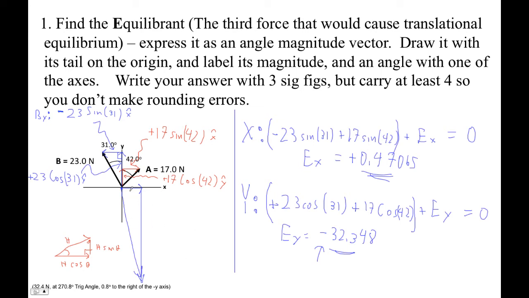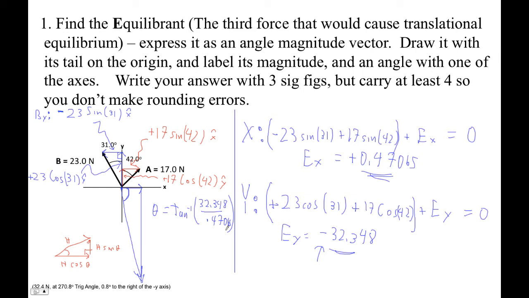For a diagonal line. So this angle right here, that theta is tan minus 1 of the opposite side, which is 32.348 divided by 0.47065. Okay, so second tan, I'm going to go alpha y divided by alpha x.